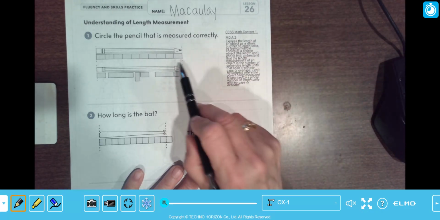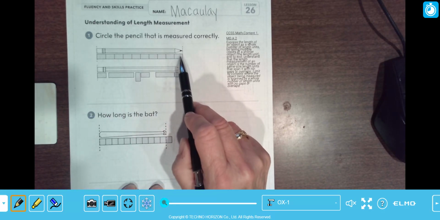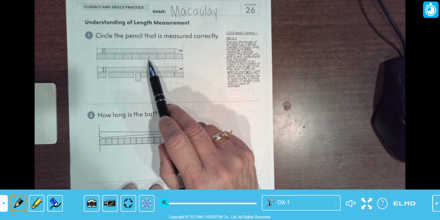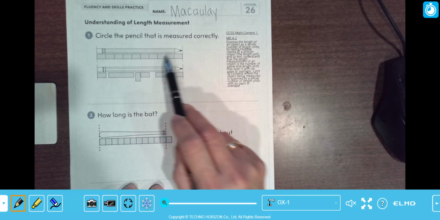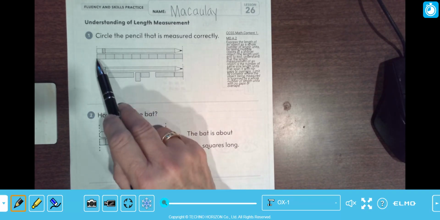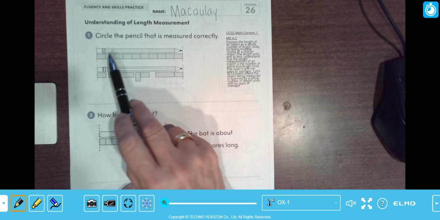We're going to measure using units that are smaller than the object we're measuring, right? We're measuring a pencil here, smaller than the pencil, these units. And these units have to be laid side by side from the beginning to the end, right? From the beginning of the object to the end of the object, side by side with no spaces in between.